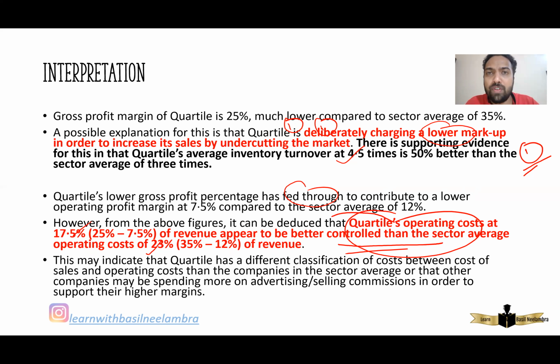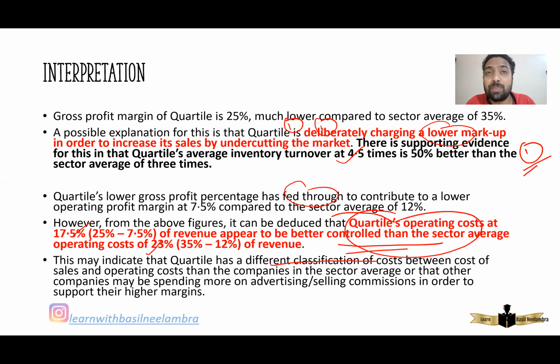One, the gross profit increase or decrease is resulting in increase or decreasing operating profit margin. And the second one, you always compare the operating expenses, the selling and distribution expenses. In certain questions, it will be directly given, and in certain questions, it will be like this, which I taught you. So it may also indicate Cocktail has a different classification of cost between cost of sales and operating cost.